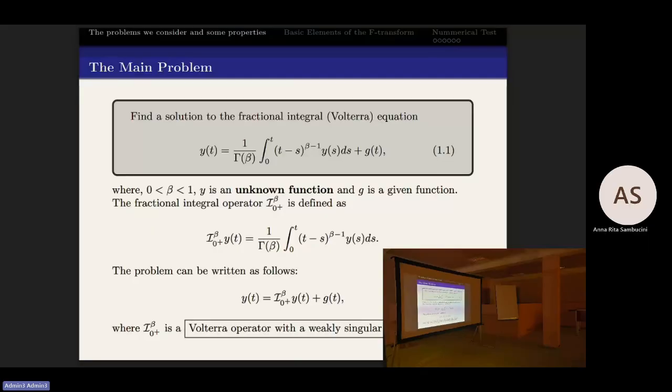Some details. So here you see that this is parametrical equation where the main parameter is beta. Beta is the fraction actually, and this beta belongs to the interval (0, 1), without boundaries. And the unknown function is y. So this is the equation that should be solved with respect to the unknown function y. And the complication is that this function y appears on both sides. Here it appears as itself, and here it appears as an integral term.